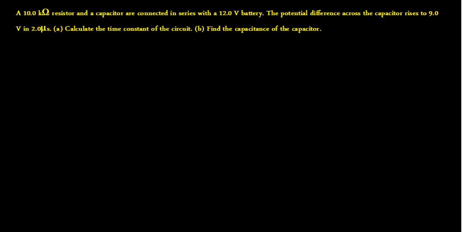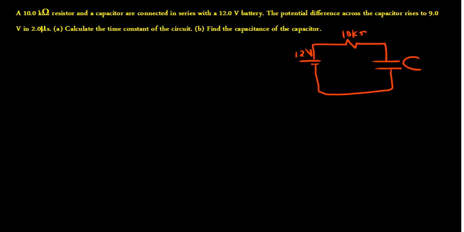It's a charging process because I do have a battery with a resistor and a capacitor all connected in series. I have a 12 volt battery with a 10 kilo ohm resistor and an unknown capacitor from the described scenario.